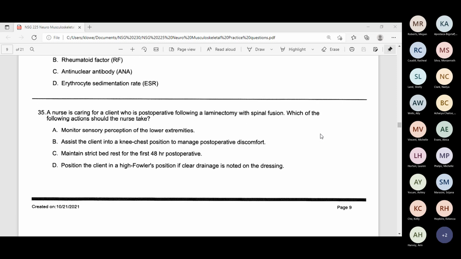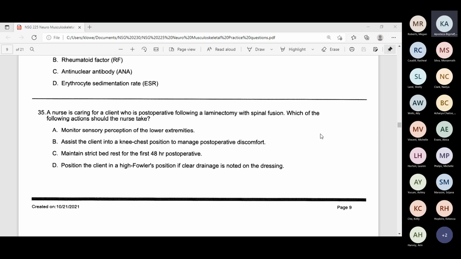Nurse is caring for a client who is post-operative following a laminectomy with spinal fusion. Which of the following actions should the nurse take? Okay, so they're post-op. So if we read through those. Is it A?